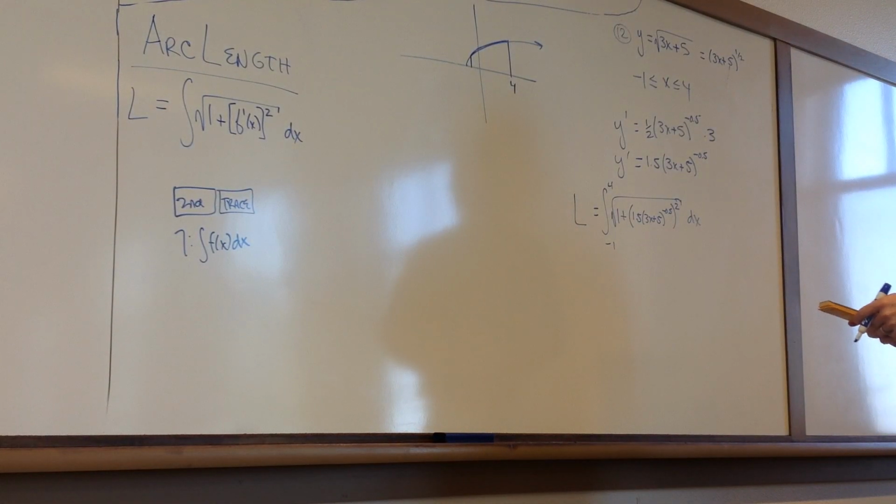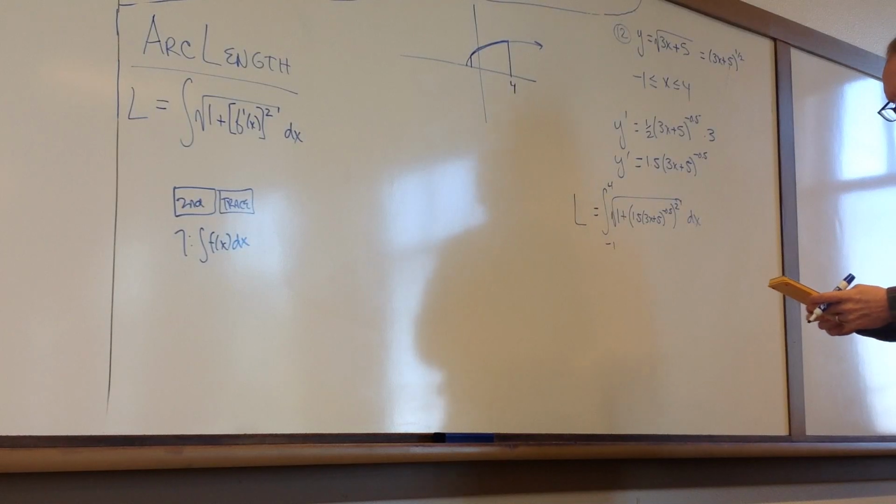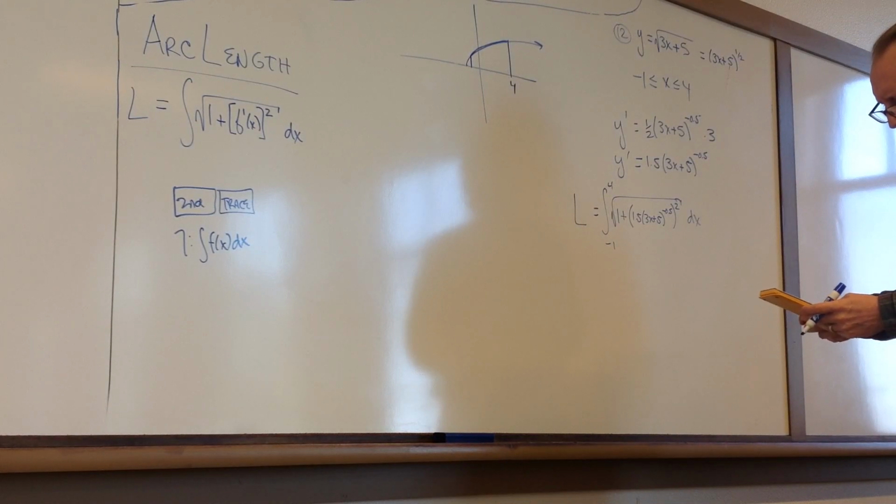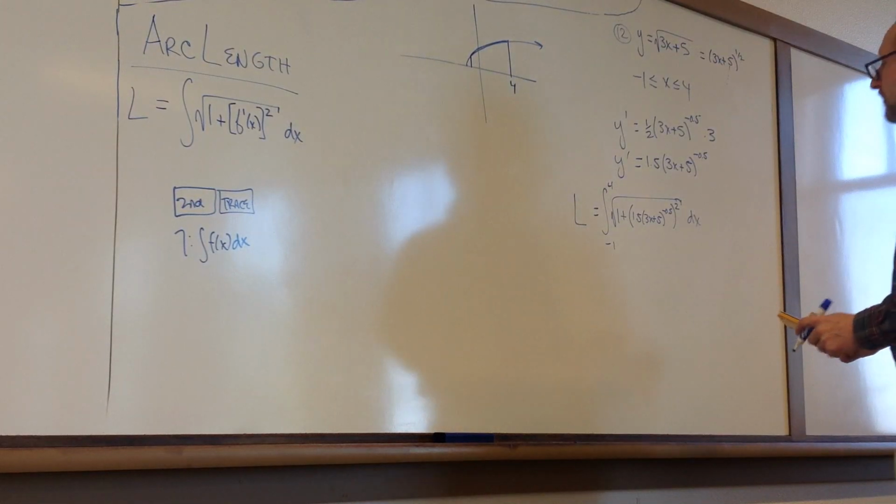So we're going to do square root 1 plus parentheses 1.5, then parentheses 3x plus 5, and then we close those parentheses and get a -0.5 for the exponent, and then we close these parentheses and put the exponent of 2 up there.